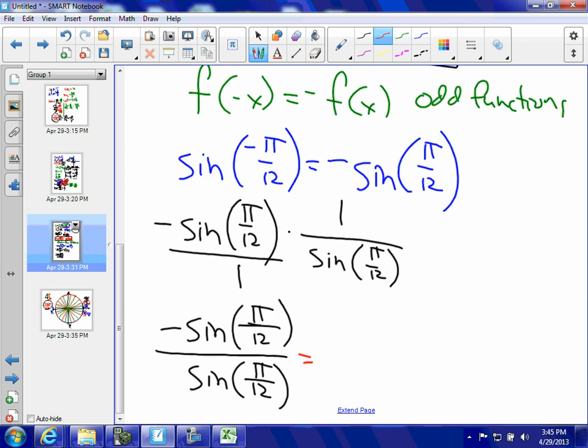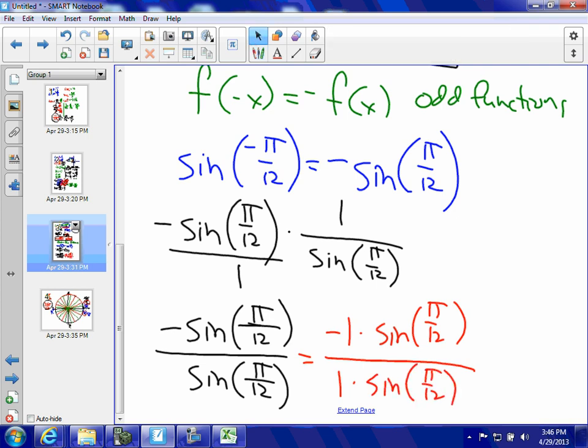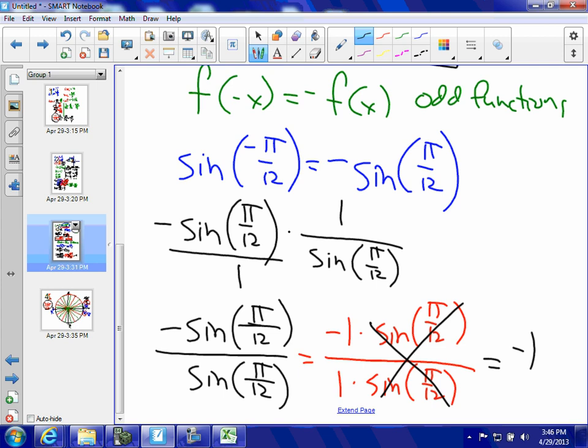So that's the same thing as negative 1 times sine pi over 12 divided by 1 times sine pi over 12. I will cancel out my sine pi over 12s, and I get the answer of negative 1.